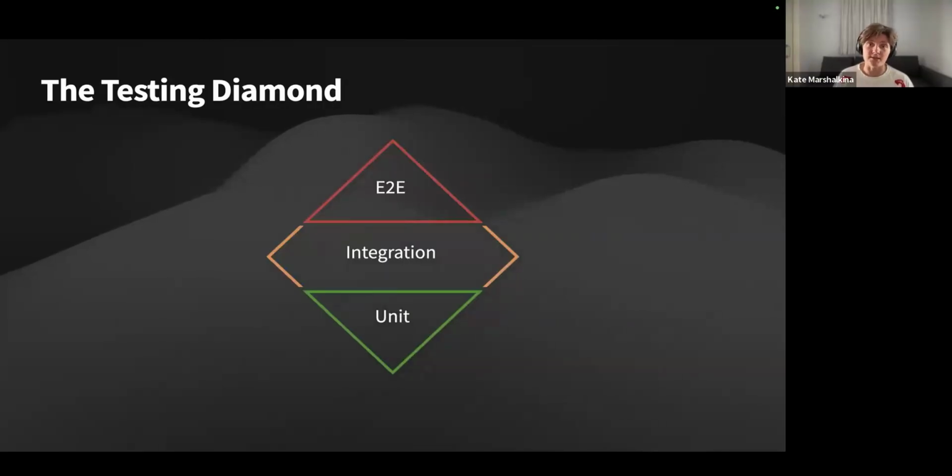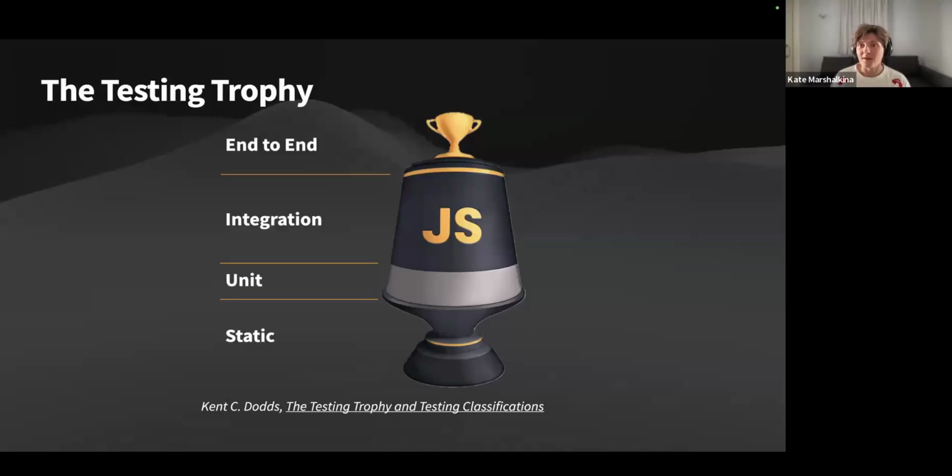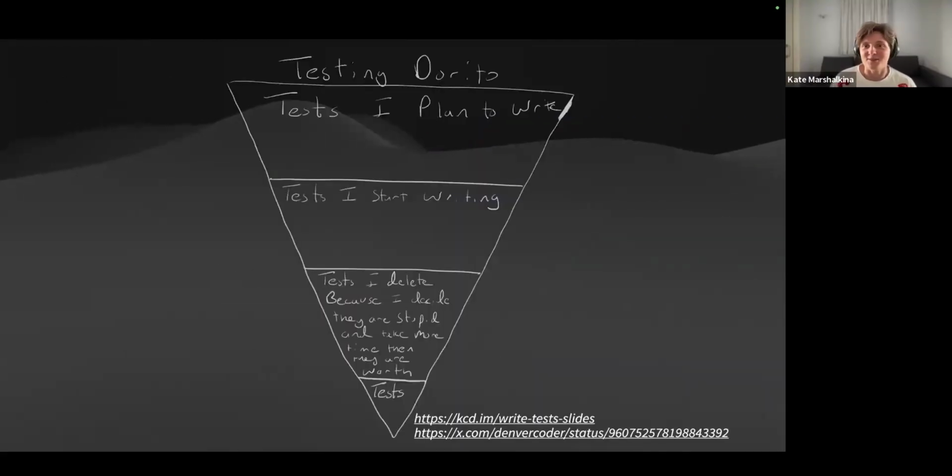An evolution of the testing diamond that is more popular in the front-end community is the testing trophy by Kent C. Dodds. It clarifies what different types of tests mean in the context of the modern JavaScript ecosystem, and also makes static checks such as ESLint and TypeScript more explicit. Not everyone knows, but Kent's favorite testing shape is the testing Dorito by Tim Myers.